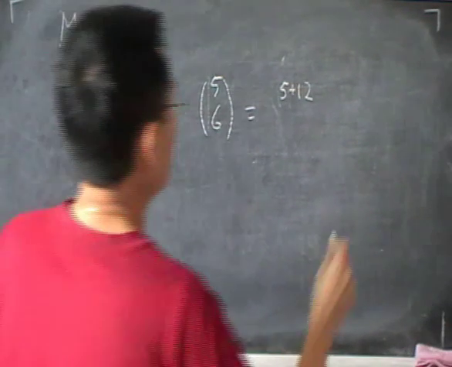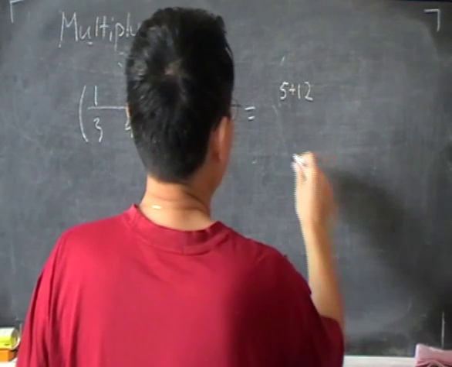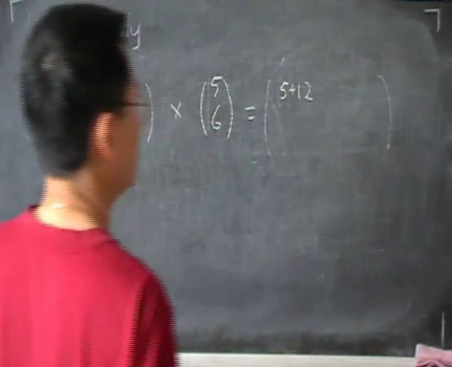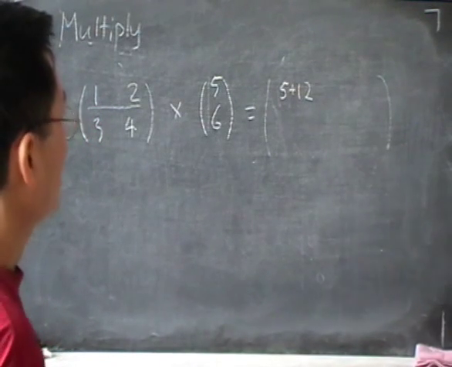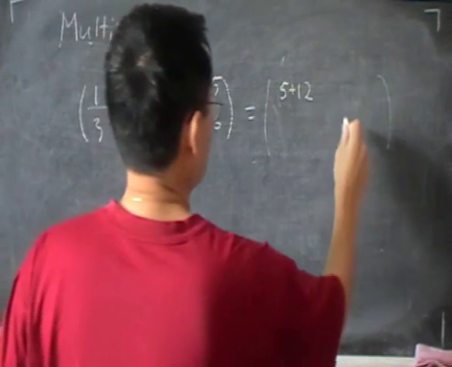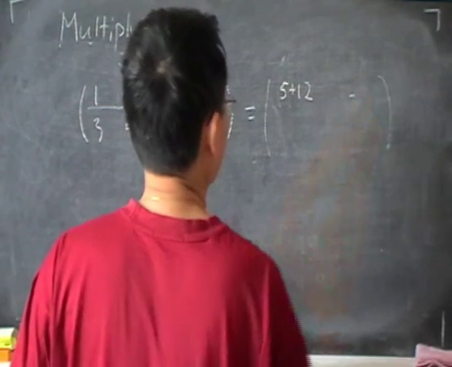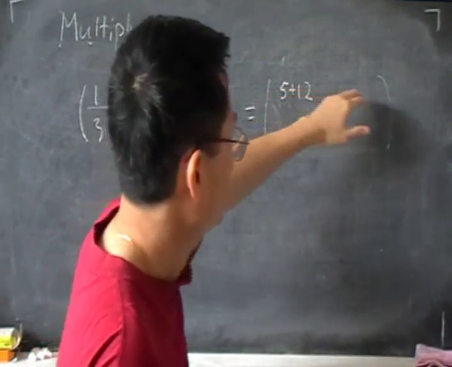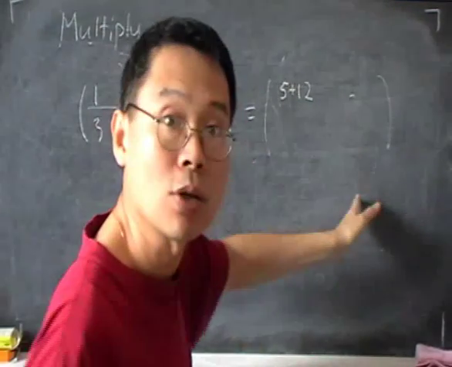Now, I imagine that I would have a matrix there. And I might want to now find the next number. So this would be on the first row and the second column.